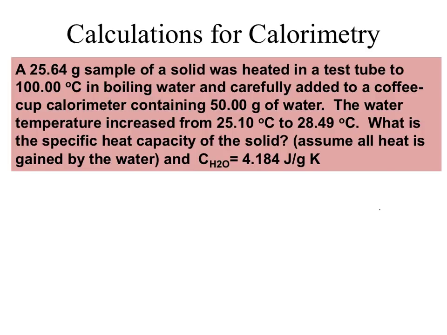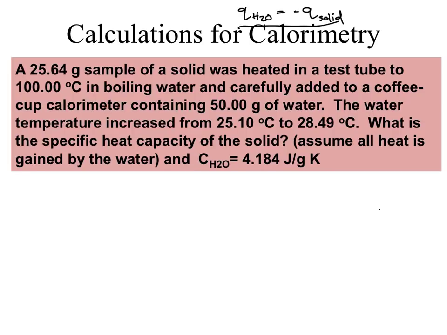So in this situation, the Q of our solution is going to actually be Q of our water, because we're measuring the mass of the water directly and the temperature of the water directly, and that's going to allow us to figure out the Q of the reaction, or in this case, the Q of the solid.